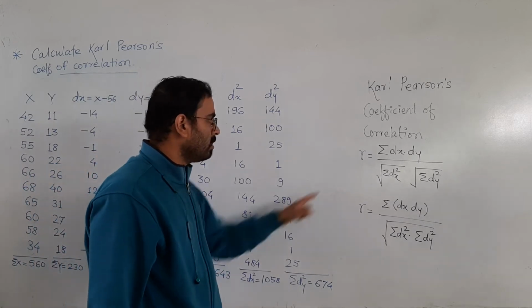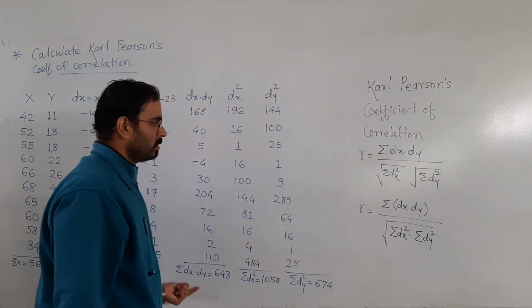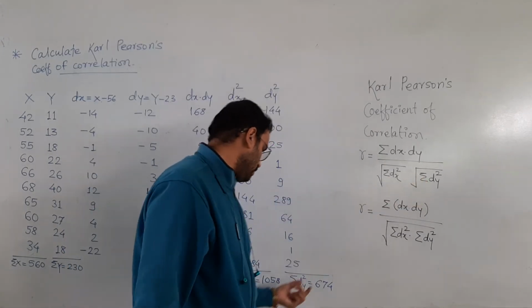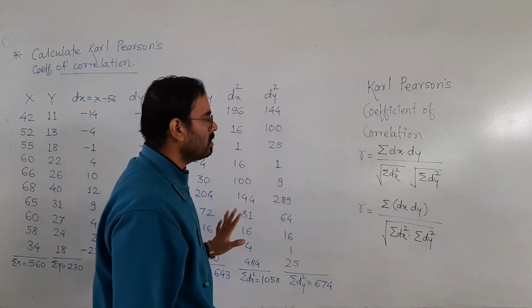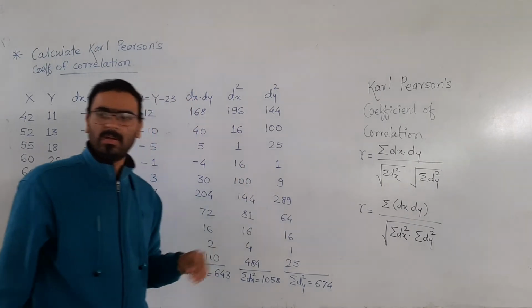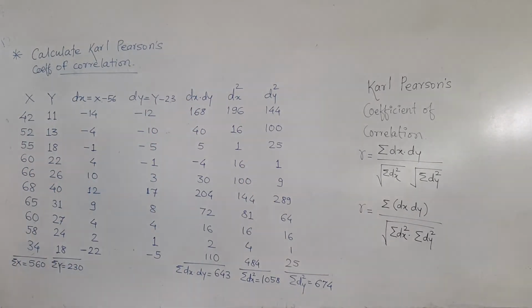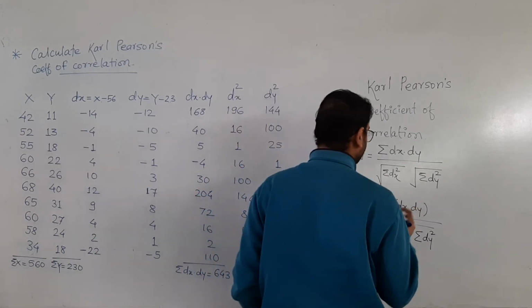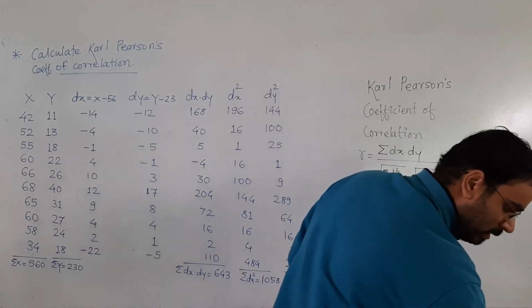So we got all the values. Just see that value we got here, that particular value we got here, and that value we got here. Now we will put the values in the formula and we will calculate the answer. Okay, so let's solve. I will write it again.